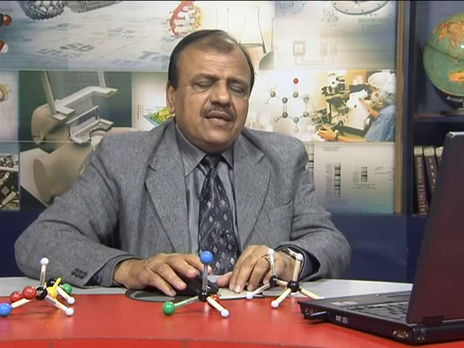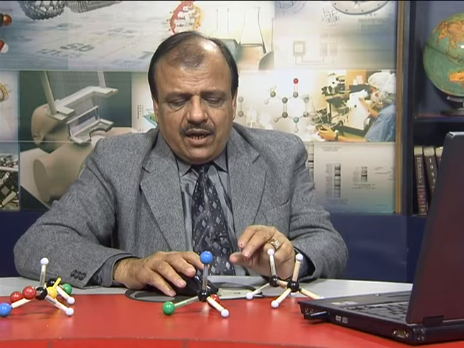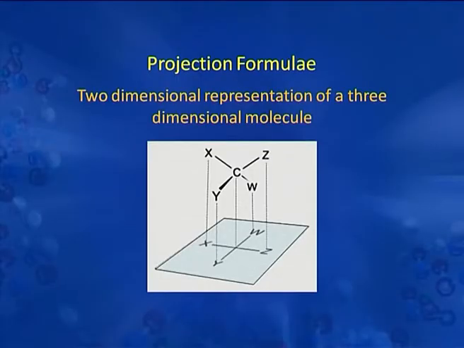Now, in the next part, let us discuss how we draw our 3-dimensional molecules on our notebooks, on the blackboard or in the books, because all these are two dimensional, whereas our organic molecules are three dimensional. Whenever we represent a three dimensional object in two dimensions, we call it a projection, and the different types of formulae we use for writing the molecules in two dimensions are called projection formulae.